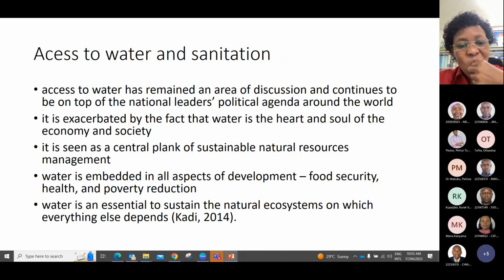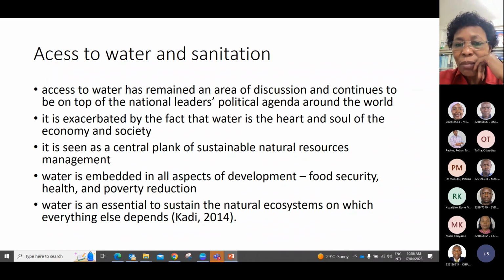And again, water is essential to sustain natural resource ecosystems, as I said earlier, which everything else depends on. It's important for us as practitioners within the region, as scholars, as researchers, to do all we can in our areas of specialization to ensure that we sustain a healthy ecosystem for our benefit.